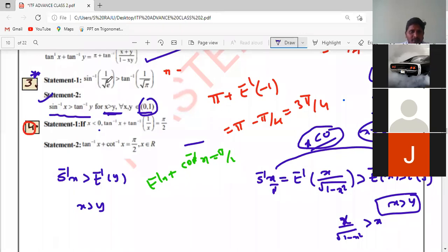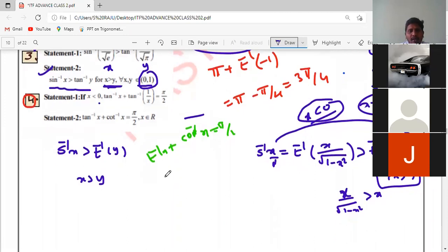To say that statement 1 is correct, this 1 by root e must be greater than 1 by root pi. Let us take this as x, this as y. Is x greater than y? All of you check it. Is 1 by root e greater than 1 by root pi? For that, I'm taking e and pi.